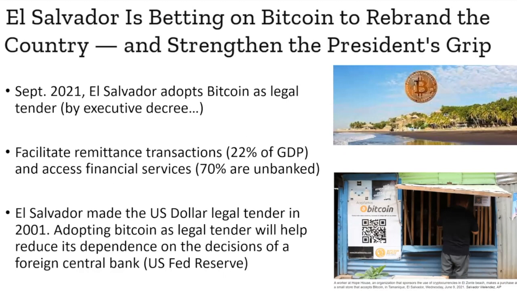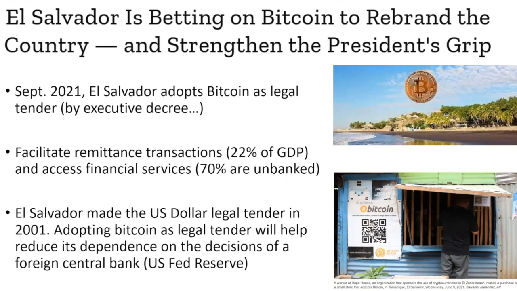This was done about 20 years ago to tame inflation. And the idea is that by adopting the US currency, you're essentially importing US monetary policy, importing the credibility of the US Federal Reserve, which tries to target low inflation, right? So this is a way to reset the economic value.